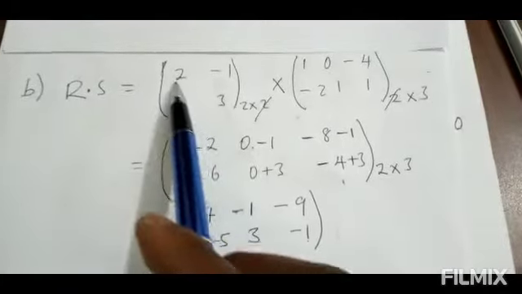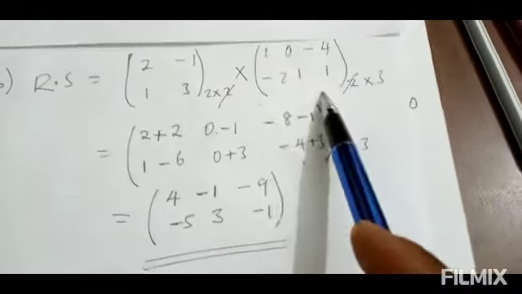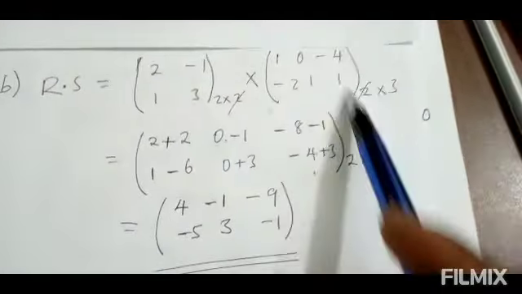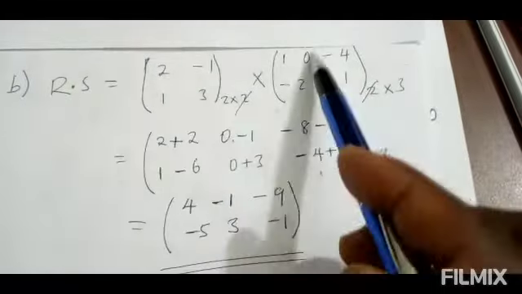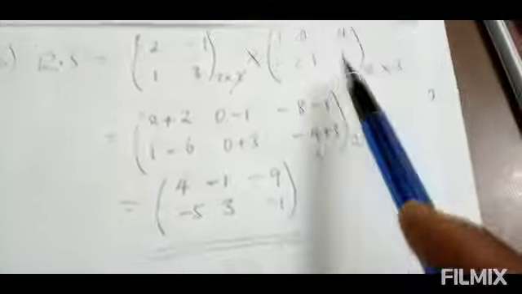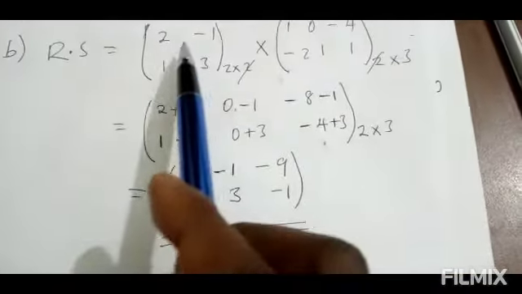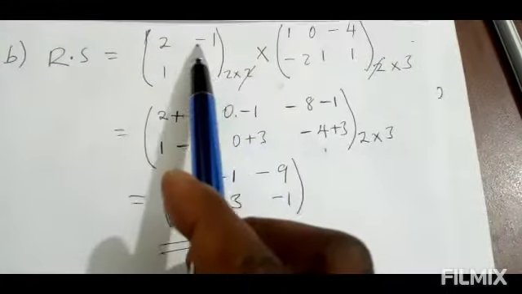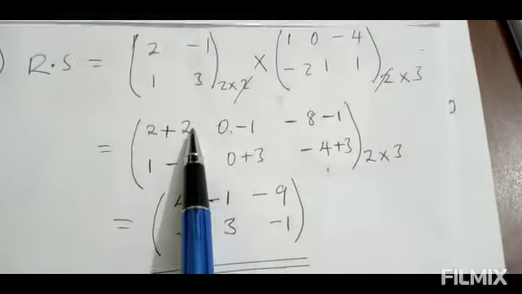So we multiply row and column, row and column, row and column, okay. So 2 by 1 is 2, and minus 1 by minus 2 is positive 2, okay.